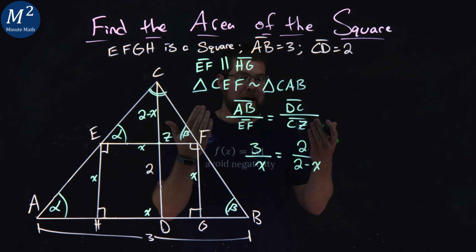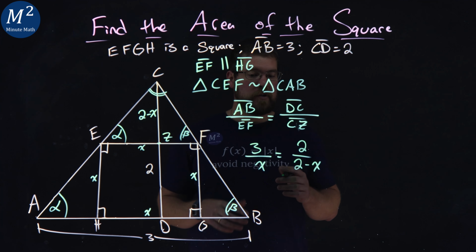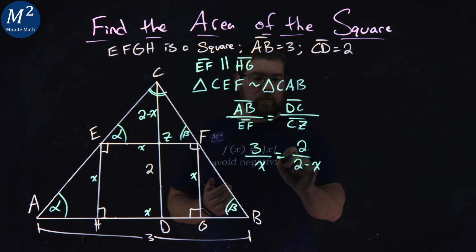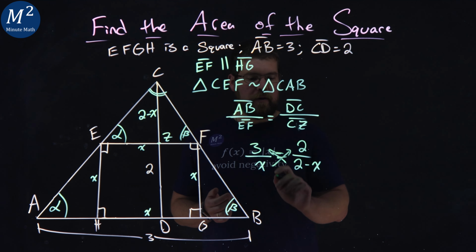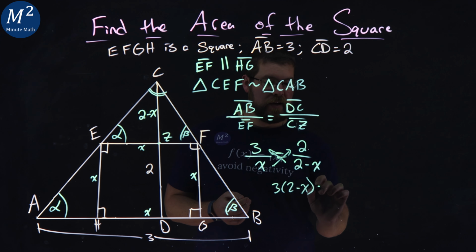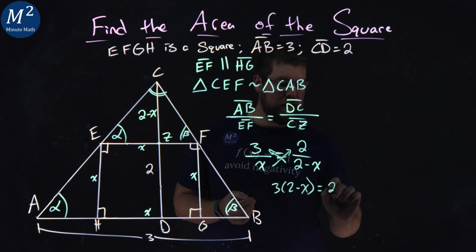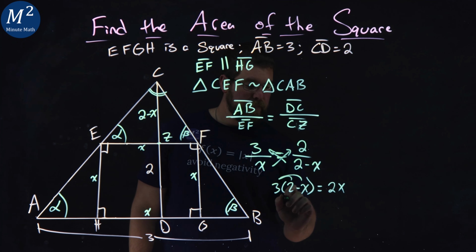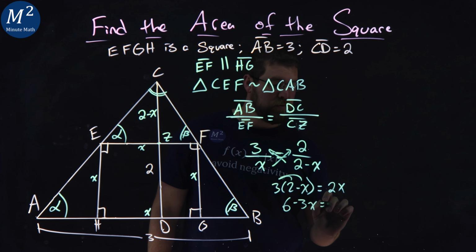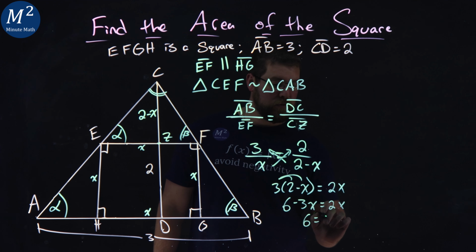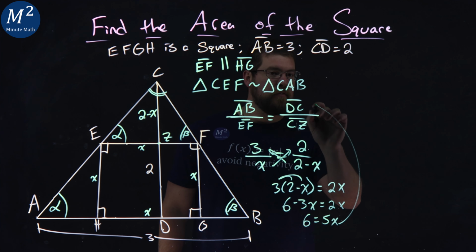And look, this is great. We have an equation that has x in it, and it's the only variable. If we cross multiply, we're left with 3 times 2 minus x equal to 2x. Multiply the 3 across, and we have 6 minus 3x equals 2x. Add 3x to both sides, 6 equals 5x.